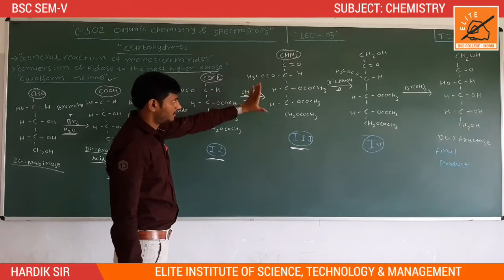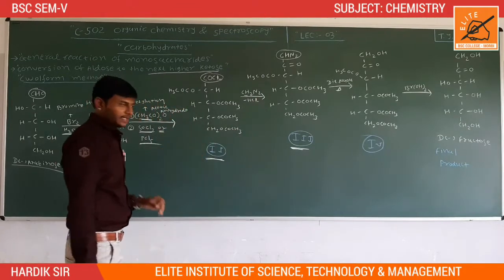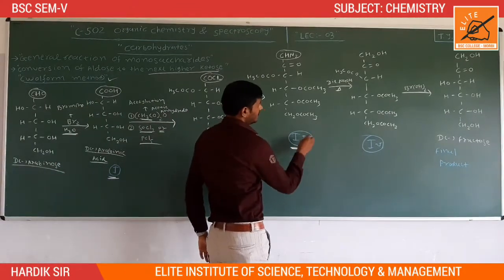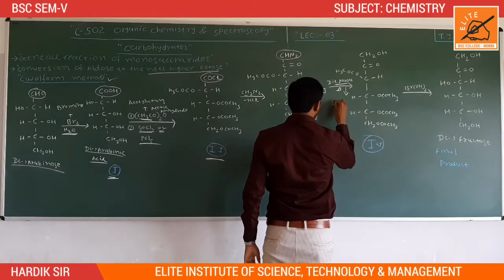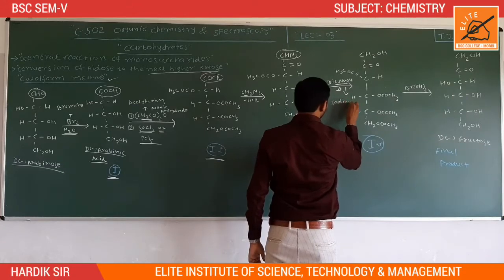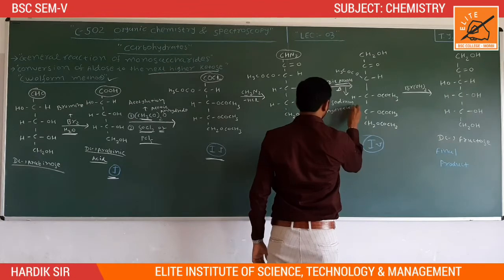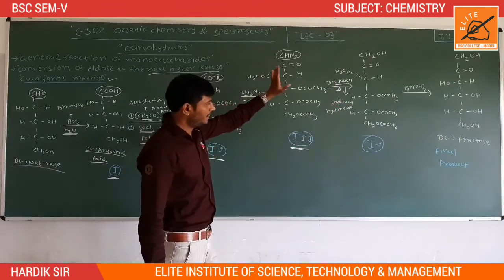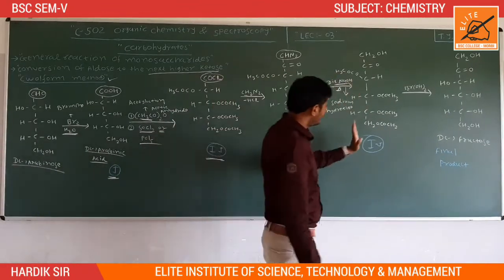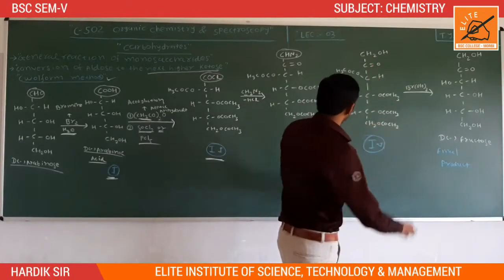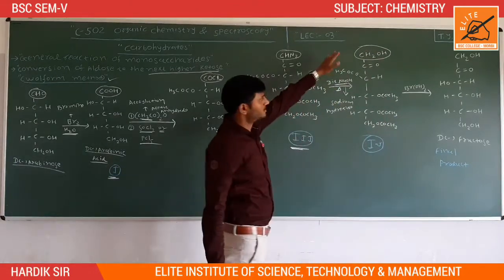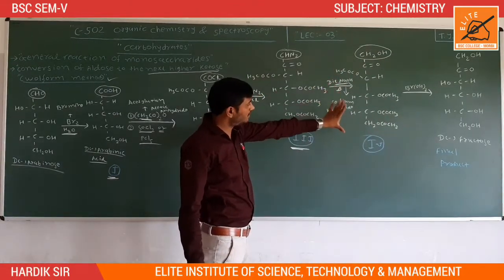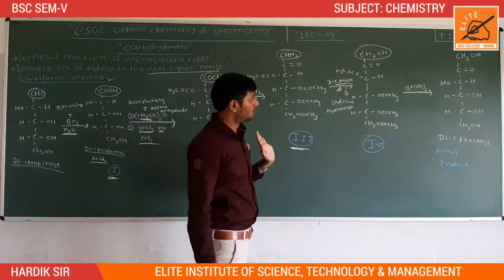This third intermediate is reacted with dilute NaOH, sodium hydroxide, to produce our fourth intermediate product. The CHN2 group is converted into the CH2OH group to produce our fourth intermediate product.